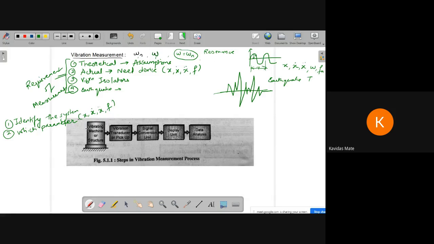You should know which parameter of that system needs to be measured.